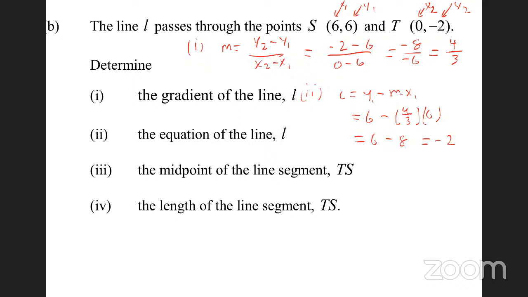Did anybody not work it out and recognize that this was your y-intercept? Your x value is always 0 there, so you didn't have to work it out. Anyway, your final answer is y equals 4/3 x minus 2.